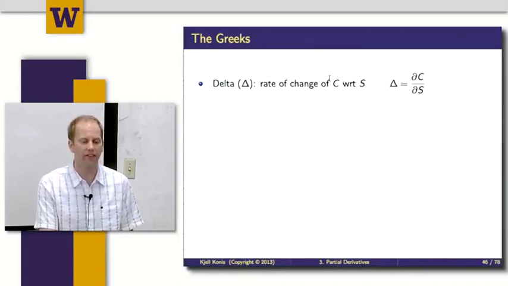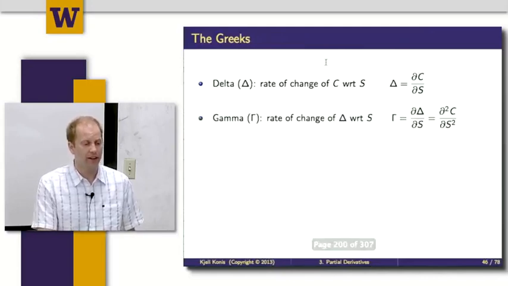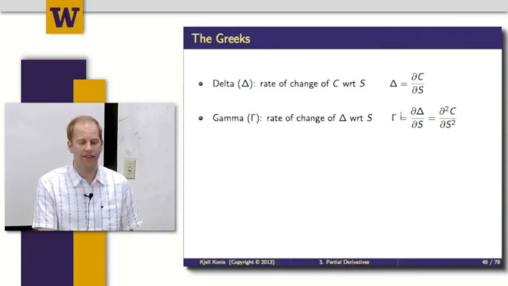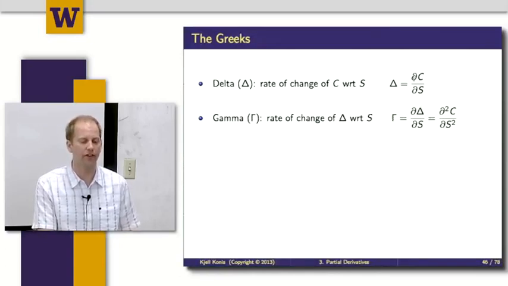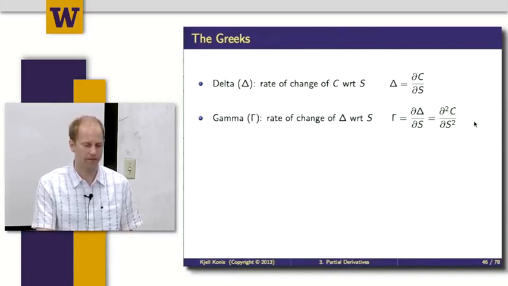So the rate of change of C with respect to S is called delta, and that's just going to be the partial derivative of C with respect to S. Second one is called gamma, which is the rate of change of delta with respect to S. So partial derivative of delta again with respect to S. And since delta was the partial derivative of C with respect to S, gamma can also be the second partial derivative of C with respect to S squared.